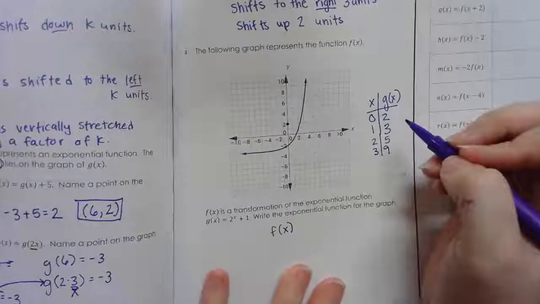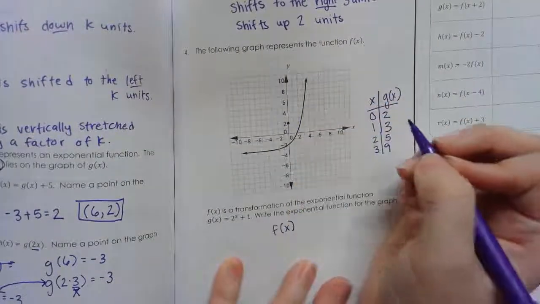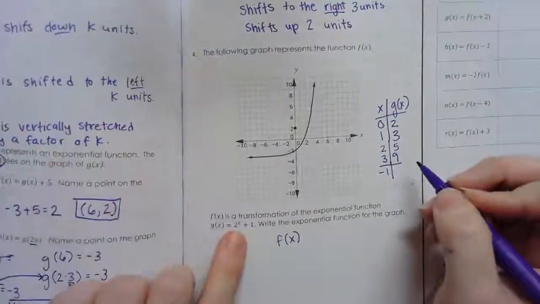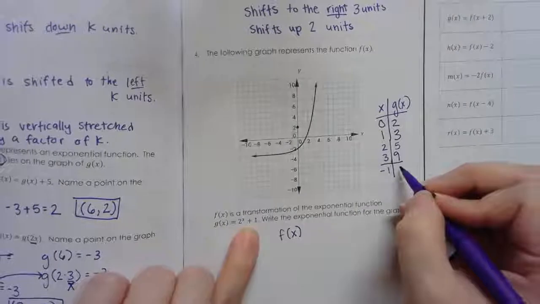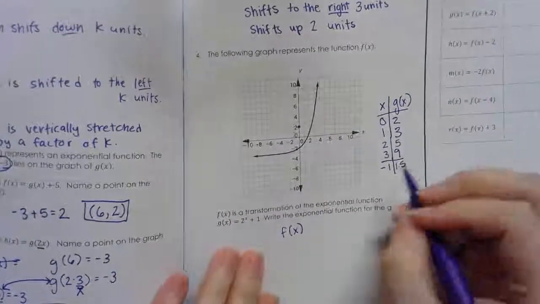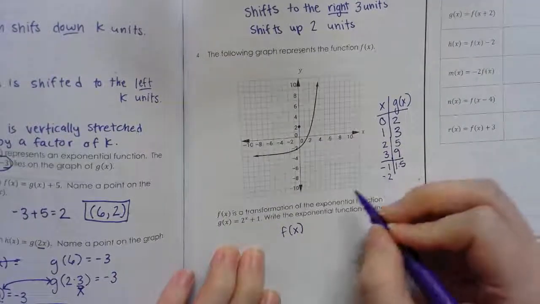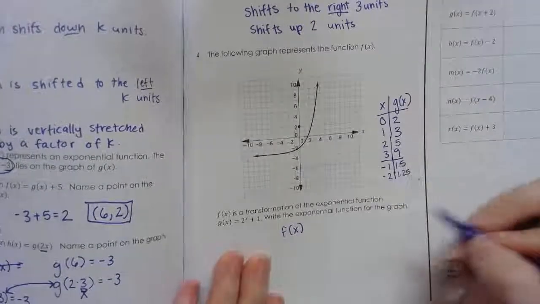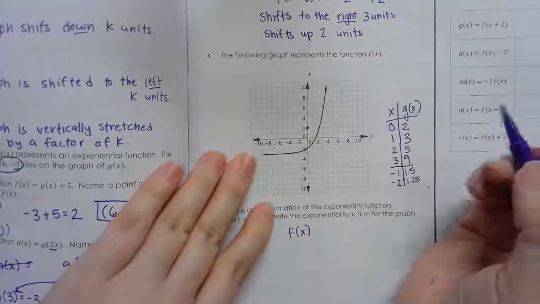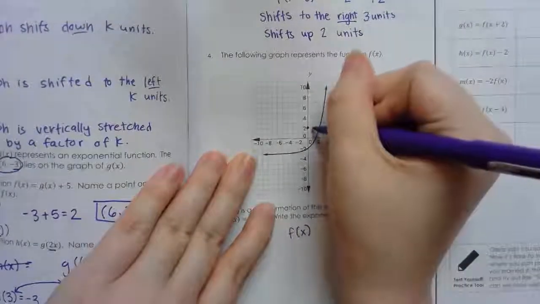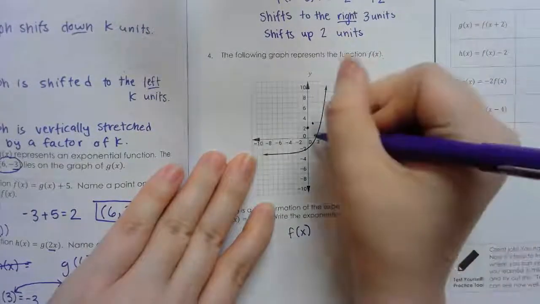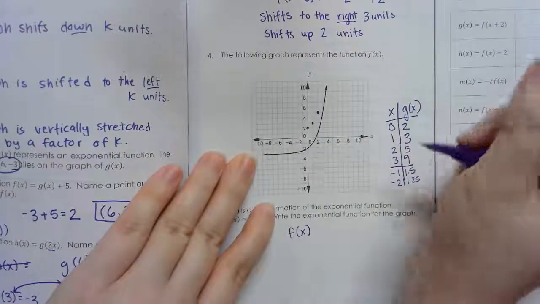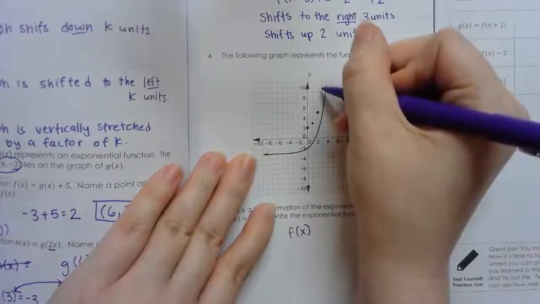And you could even go backwards from there. But this is at 0, 2. If I were to put -1, just for fun, then that is 1/2 plus 1, which is 1.5. And then -2, that is 1/4 plus 1, 1.25. So it's going to be approaching 1. So I'm at 0, 2, 1, 3, 2, 5, 3, 9.